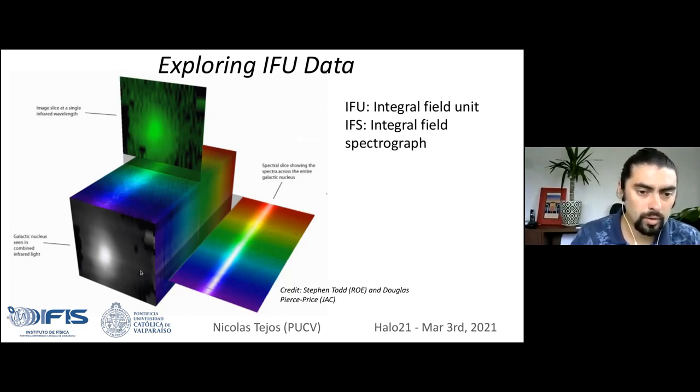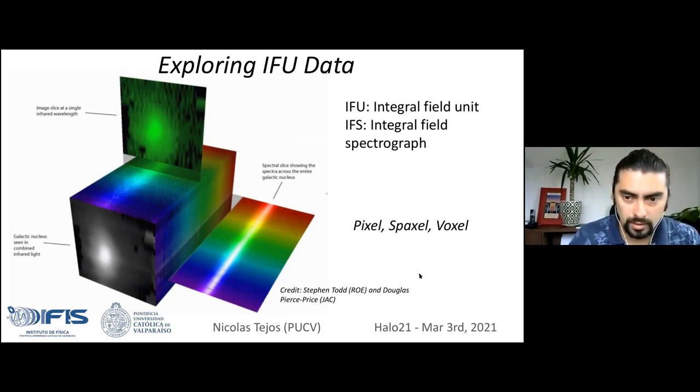You can go to a fixed wavelength and ask, how does the field of view look at that particular wavelength? And you have an image. So it's very powerful for astrophysical purposes.